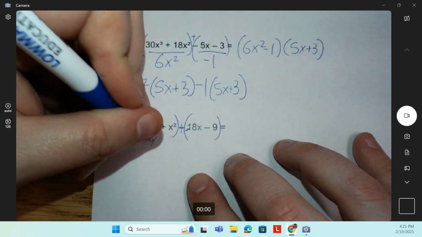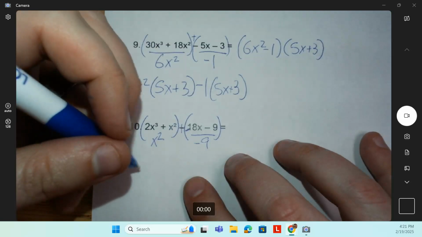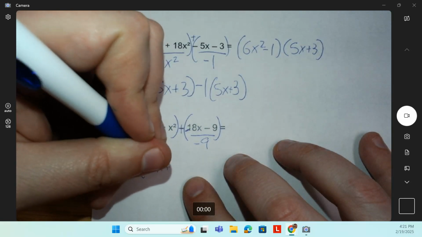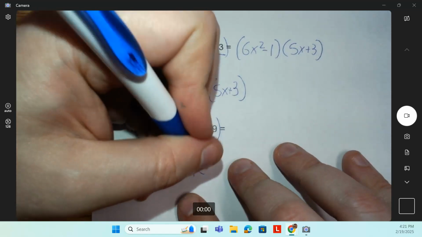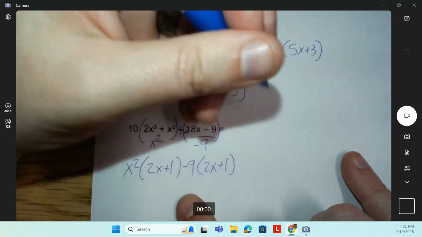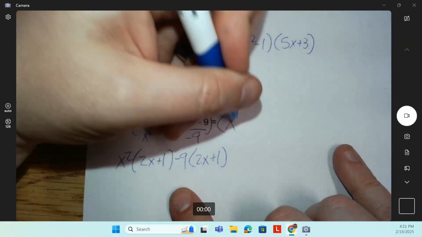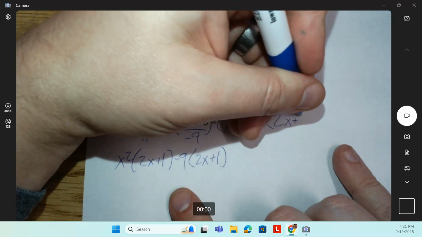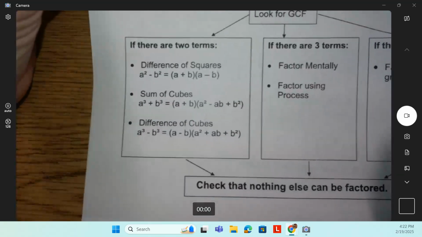I would have x squared, and then that would divide by negative 9 to give me x squared times 2x plus 1, and then a negative 9 times 2x plus 1. All that to give me, those two to combine to give me x squared minus 9, then 2x plus 1.